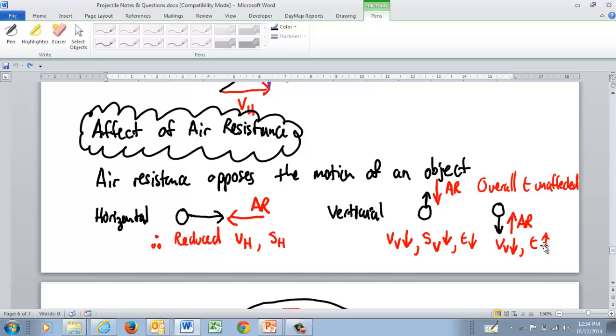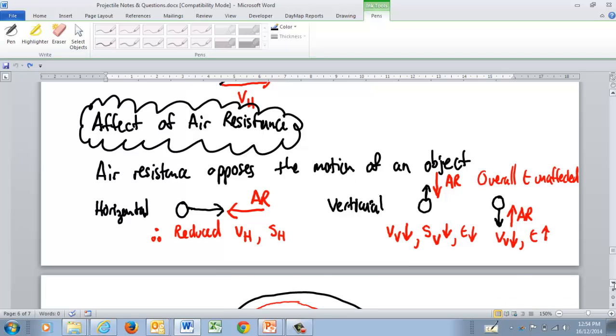So the overall effect on the time of flight is in fact negligible. If it's got air resistance, it probably will have roughly the same time of flight. Now, in an extreme case where you have something like a beach ball, that would be a little bit different.